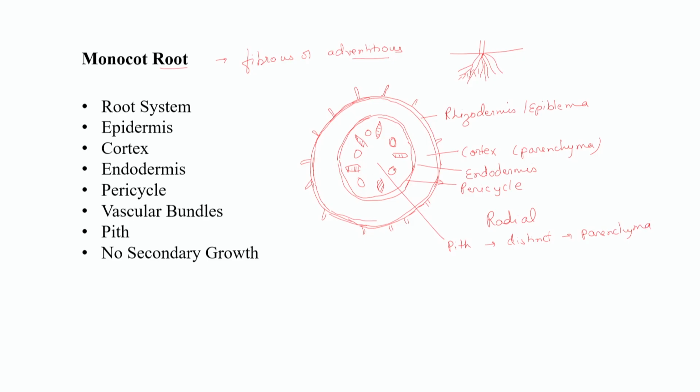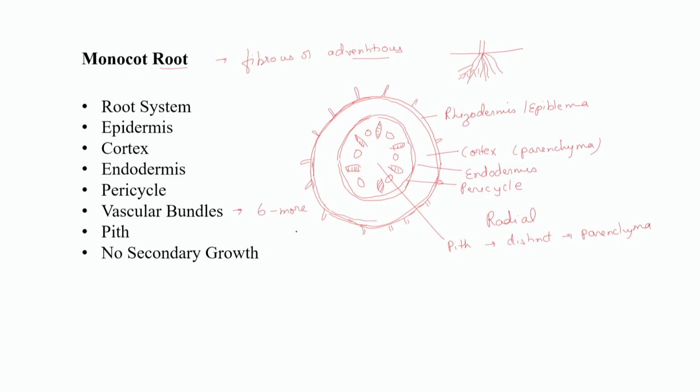Now the vascular bundles are generally 6 or more than 6. So better to draw more numbers of vascular bundles here. So vascular bundles will be 6 patches or more.